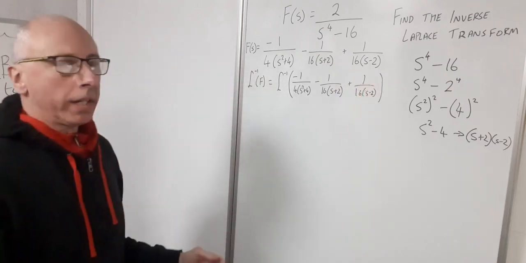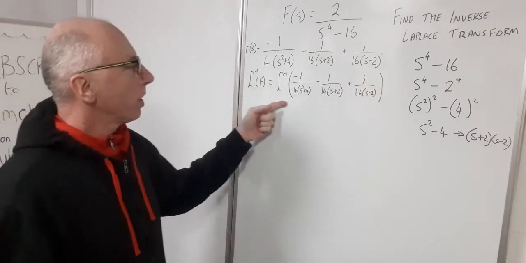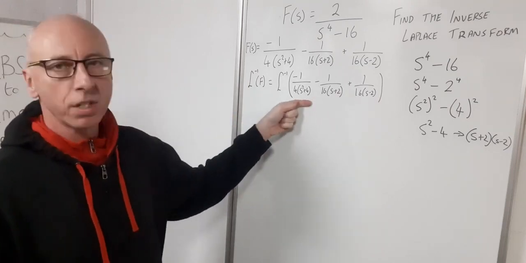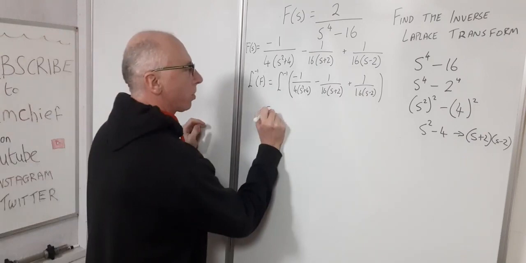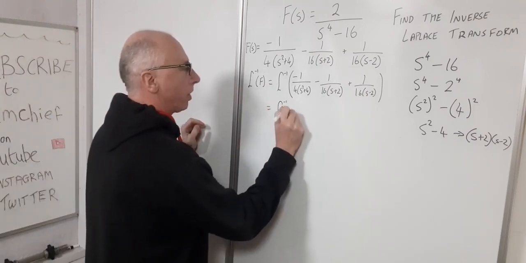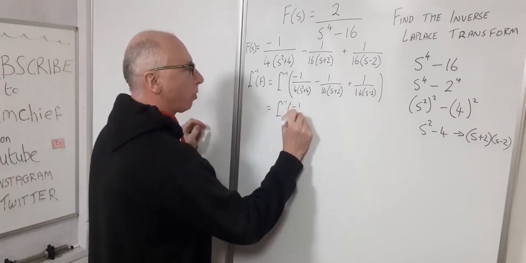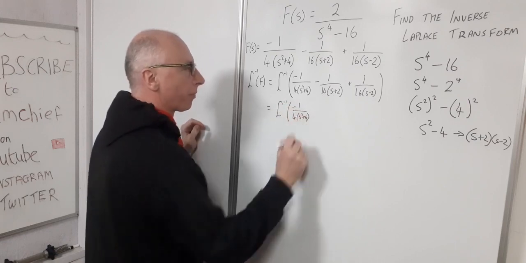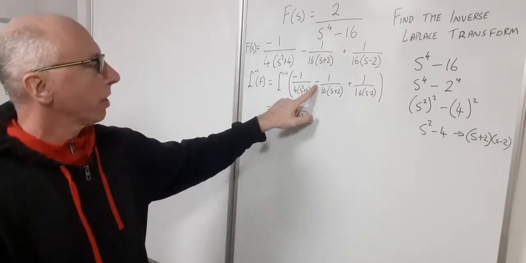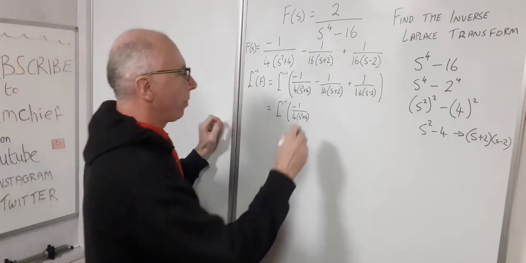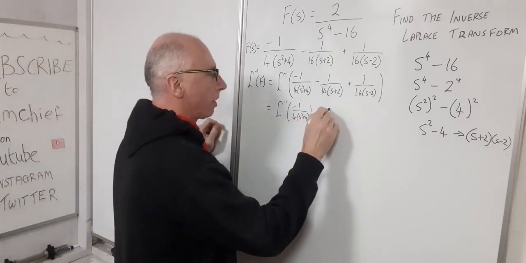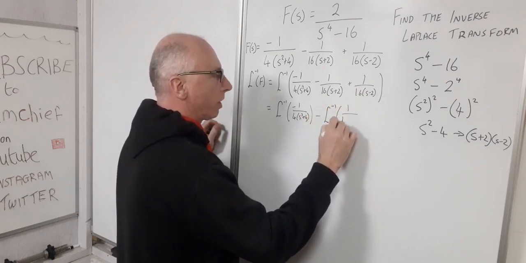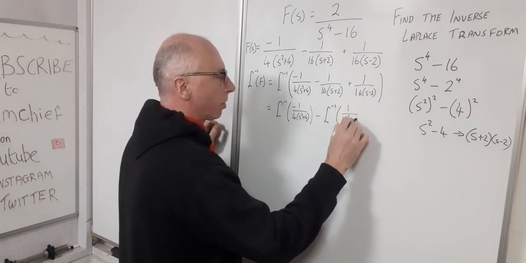Now by using linearity, we can break these apart into three separate terms. So let's just do that. Now the inverse Laplace of minus 1 over 4 times s squared plus 4. Here we've got a minus sign, so I'm going to put the minus sign in front. So I've got minus the inverse Laplace of 1 over 16 times s plus 2.